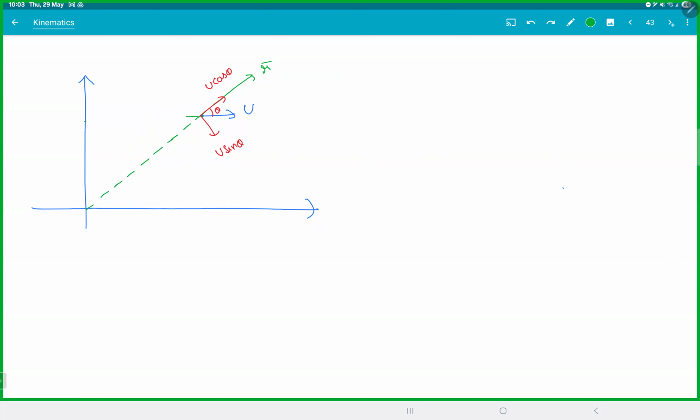The u cos theta here is responsible for increasing the length of the vector because it is along the r bar, whereas your u sin theta is responsible for rotating the vector.